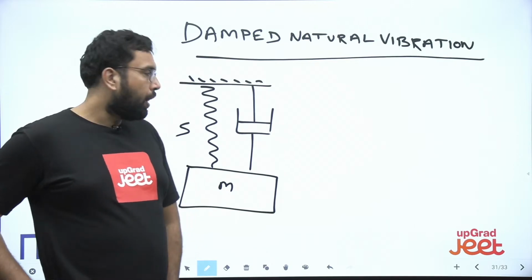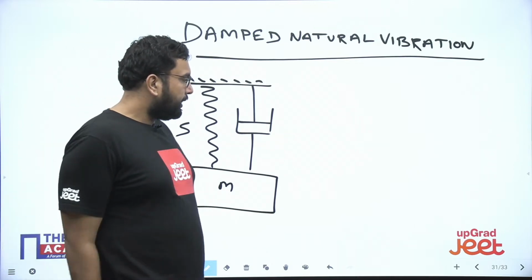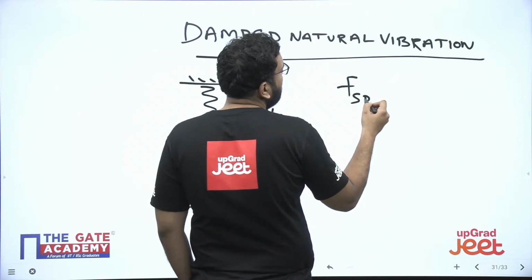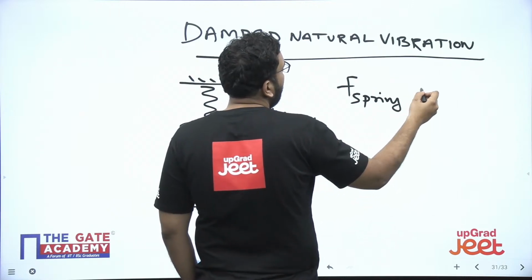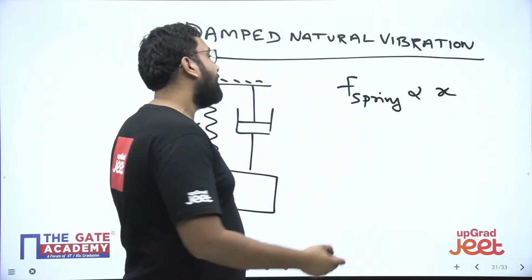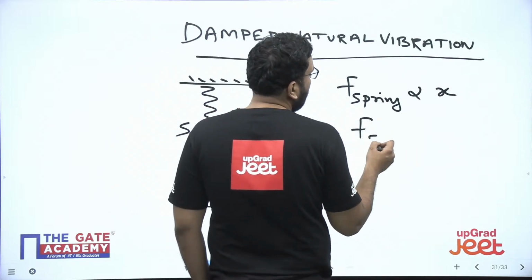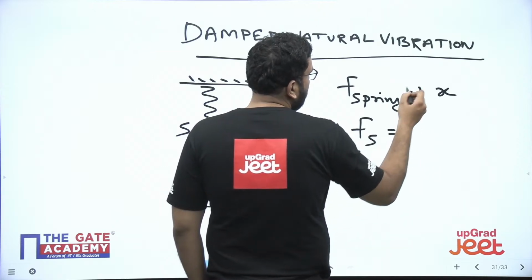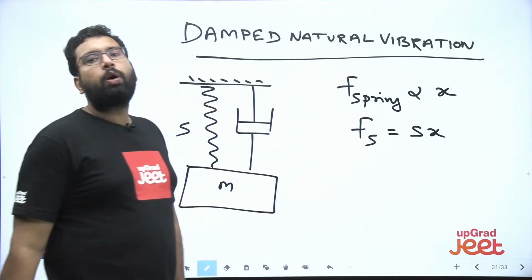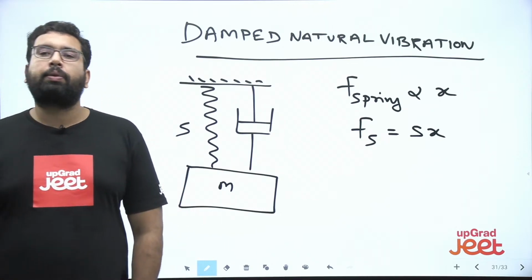So basically, the force of the spring is proportional to the displacement of the spring. When we let go of this proportionality sign, we get a constant that we call the stiffness or the spring constant.